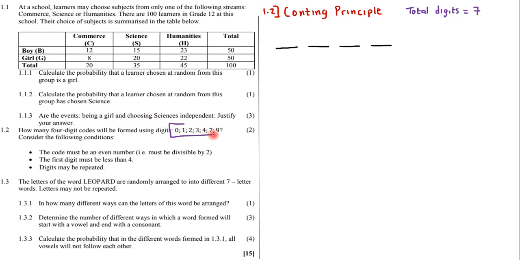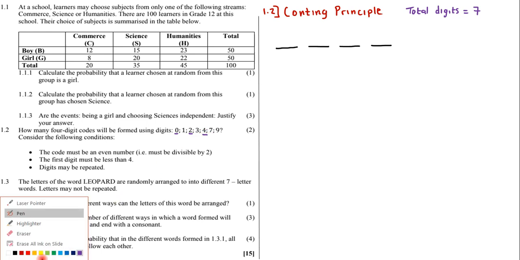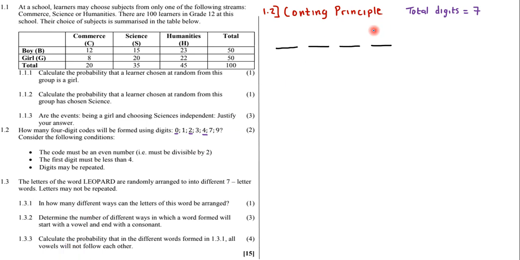This is our list. How many digits here are even numbers? It is 0, 2, and 4, right? There are 3 digits there. So what does that mean? This means we're going to have 3 options towards the end of our code. So this 3 stands for the options that we're going to have. All right, so we are done with the first part.